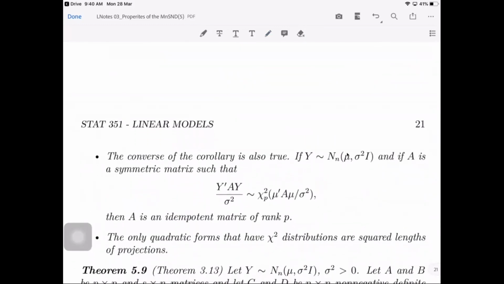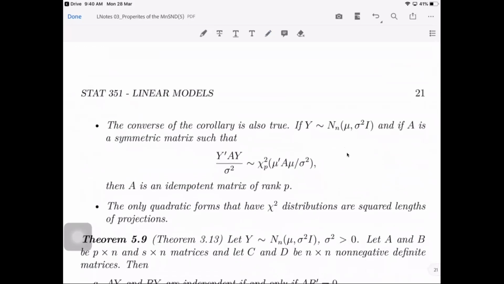So remark: the converse of the corollary is also true.